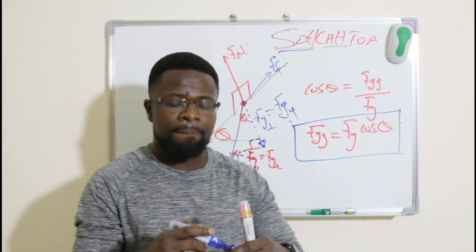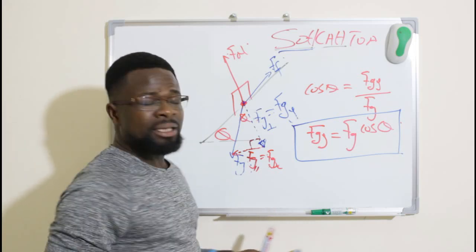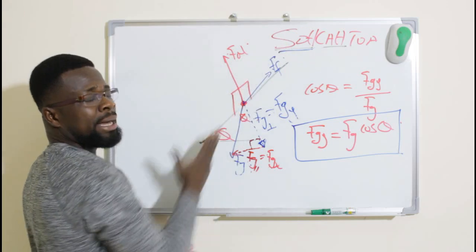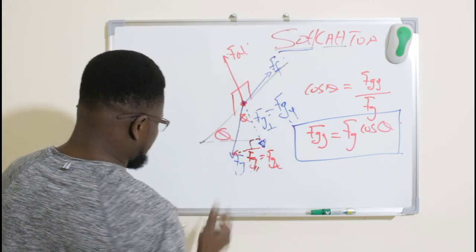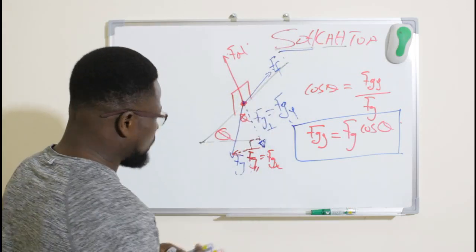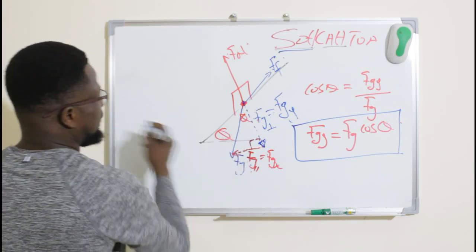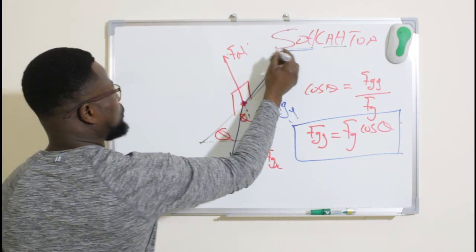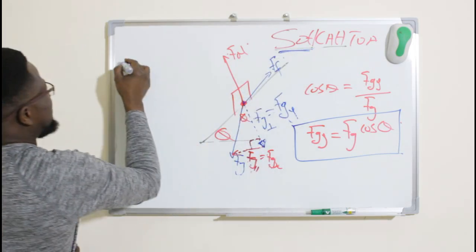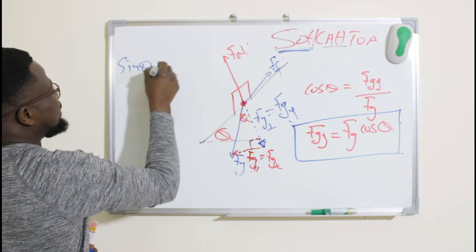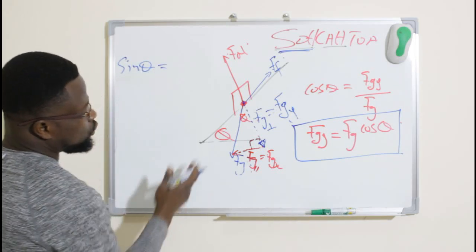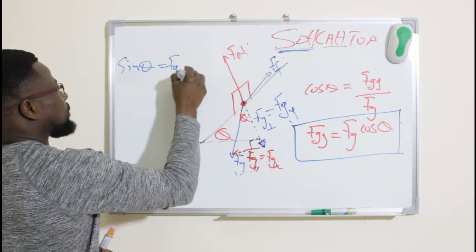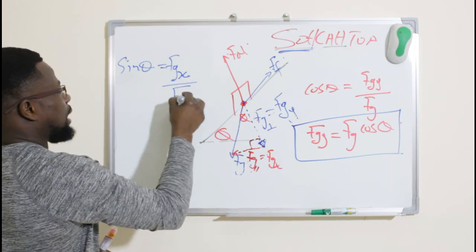Now let's look for the parallel component of the weight. So I want to look at the part of the weight which is parallel to the inclined plane. And that is just the side which is opposite to the plane. So I can simply say that it is the opposite over the hypotenuse. That means I will say sine theta is equal to the opposite, and the opposite is FGX, over FG.